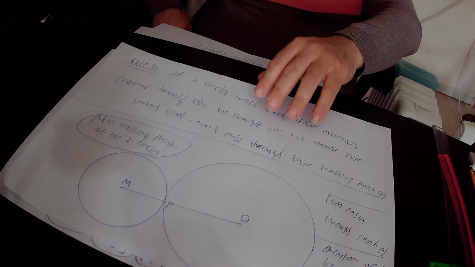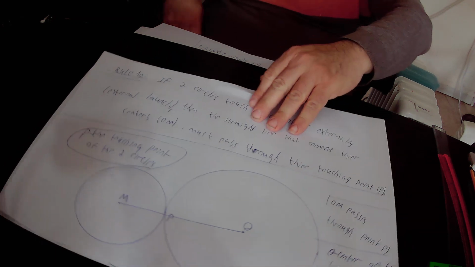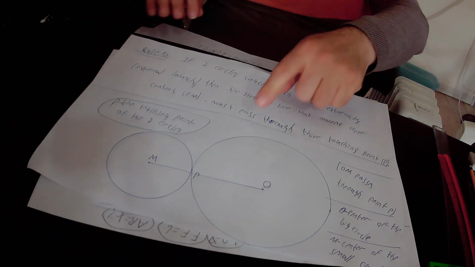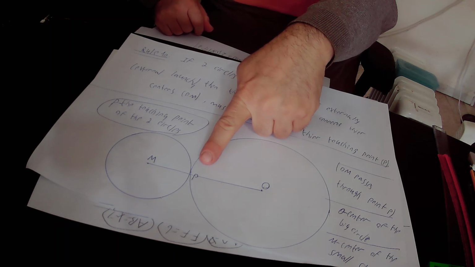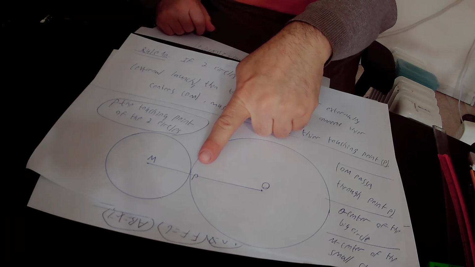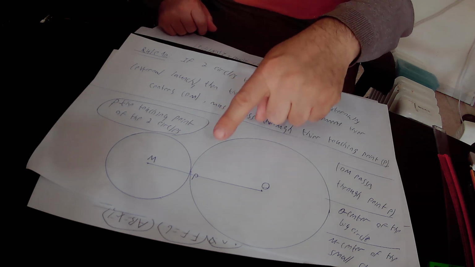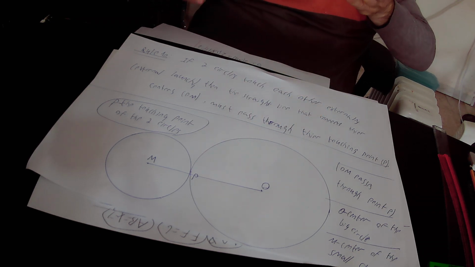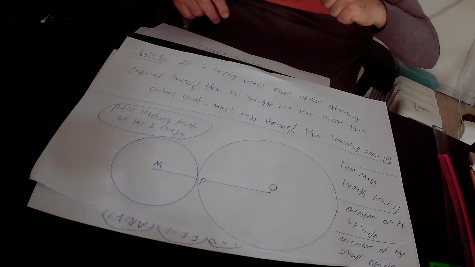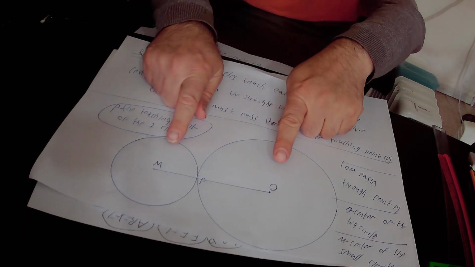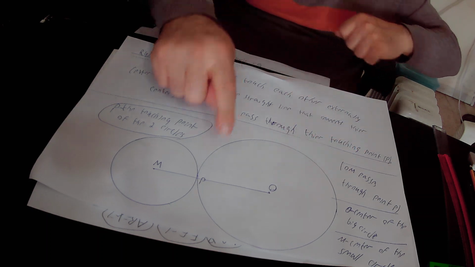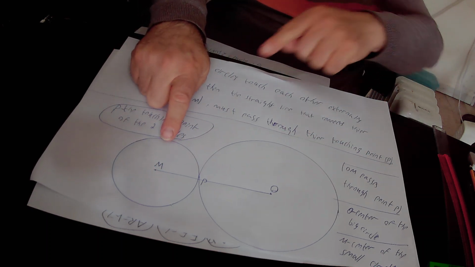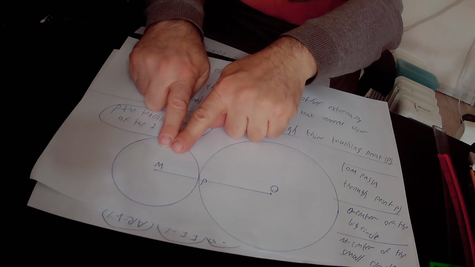So in the drawing we have those two circles that touch each other externally at point P. According to this rule 10, the straight line that connects their centers together, the center of this big circle is there at point O, the center of this small circle is there at point M, and the straight line that connects their centers together is the straight line MO.